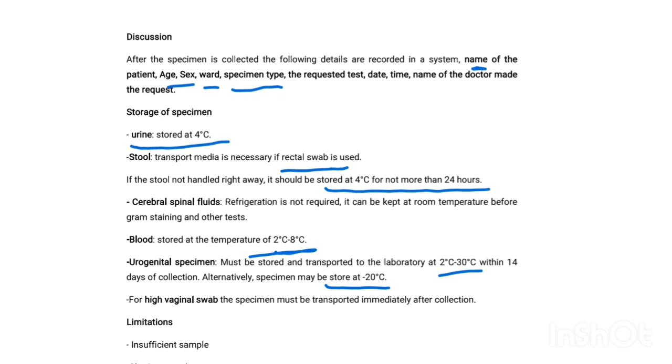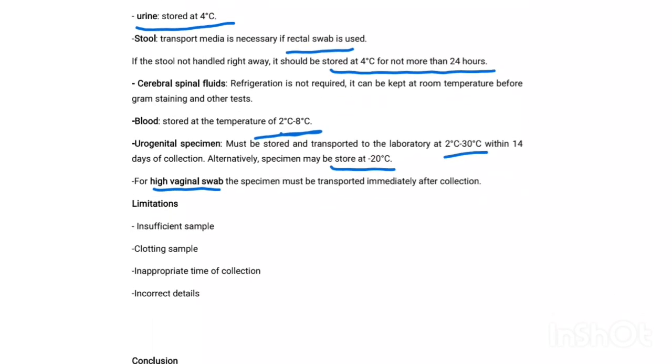But for vaginal fluid, the organisms identified in it are very sensitive. They can die within minutes. So as soon as it is collected, it has to be transported immediately to the lab.